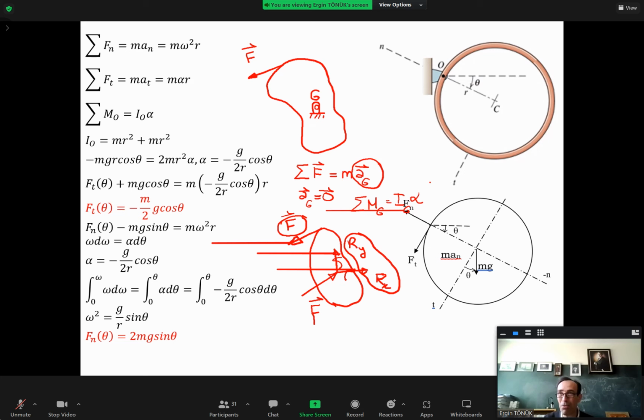Suppose this is your car's wheel, that's the axle, but that's the mass center that rotates about the axle. What's going to happen? When it's up, it's going to apply a force like this. When it's here, it's going to apply a force like that, and so on. So you will feel that the vehicle is shaking.